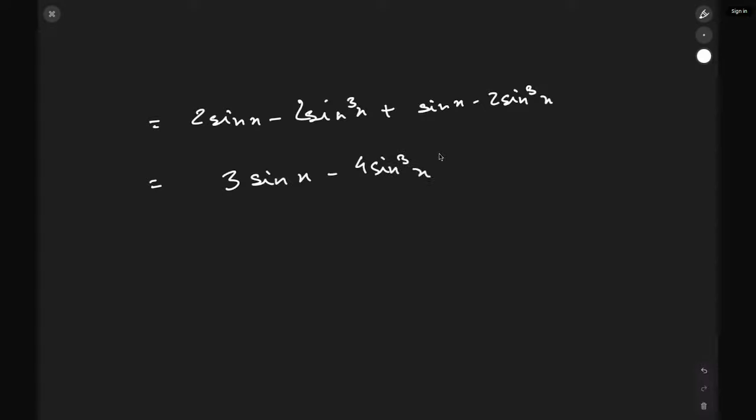So two sin x minus 2 sin cube x plus sin x minus 2 sin cube x. All right. This will lead to 3 sin x, sorry, 3 sin x minus 4 sin cube x.